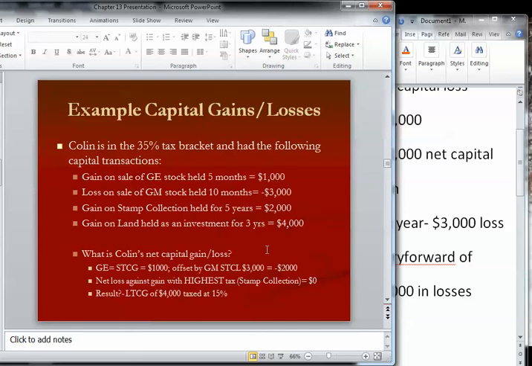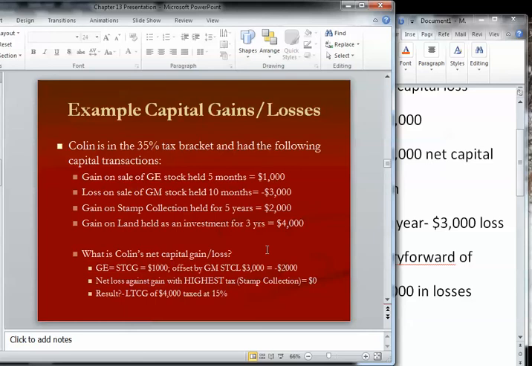We know that collectibles are taxed at a higher rate than other capital assets, investment assets. So the collectible being taxed at 28% or a regular investment being taxed at 15%, we are going to want to offset, and we are allowed to offset with the highest tax rate remaining. So we're allowed to use our net capital loss to offset the stamp collection.